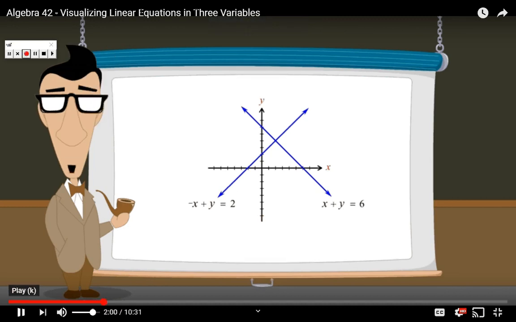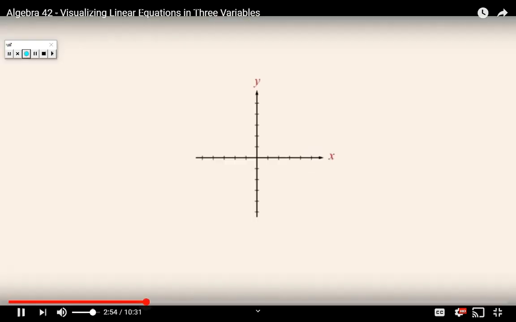The equation 0 equals c cannot be a linear equation. So let's create a simple linear equation in x and y by setting a to 0 and b to 1. This eliminates x from the equation.